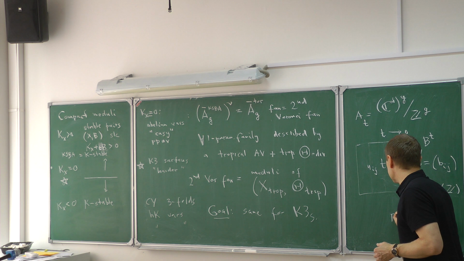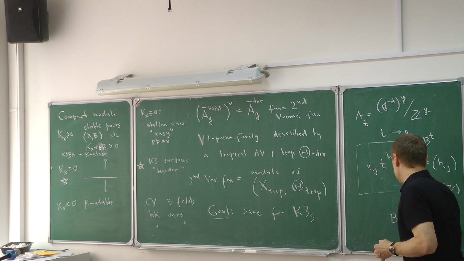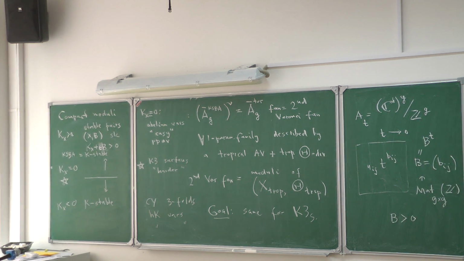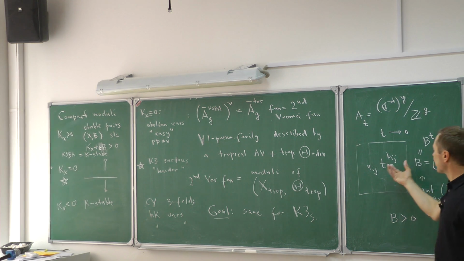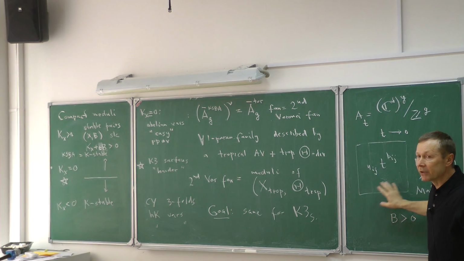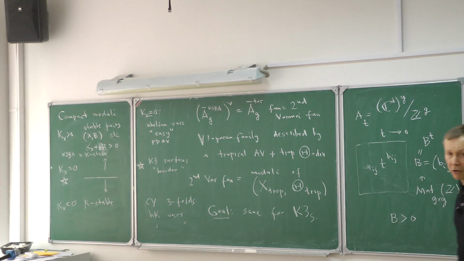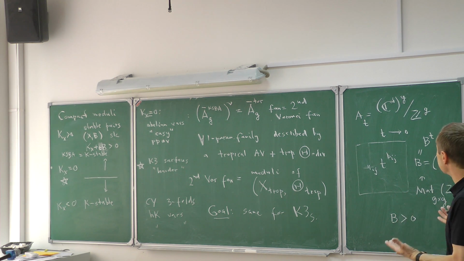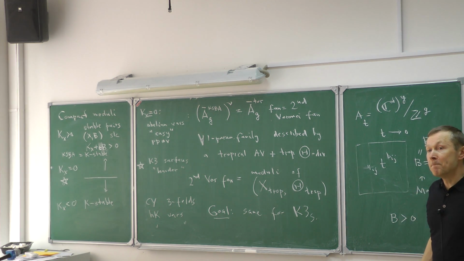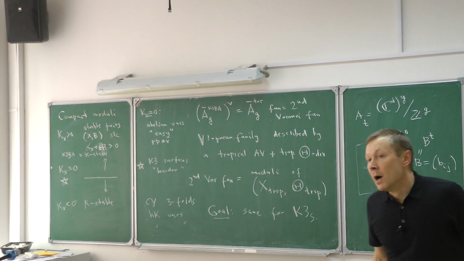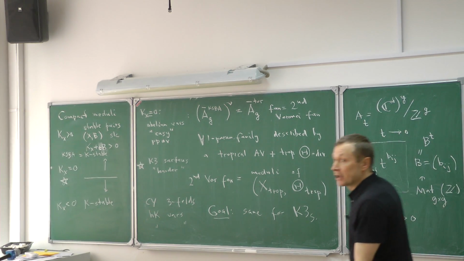If the degeneration is maximal, then b has to be positive definite. So if it degenerates maximally, then in the limit, this period matrix is just 0. So it's the maximal degeneration. Okay, so that's the data, and that comes from the polarization.